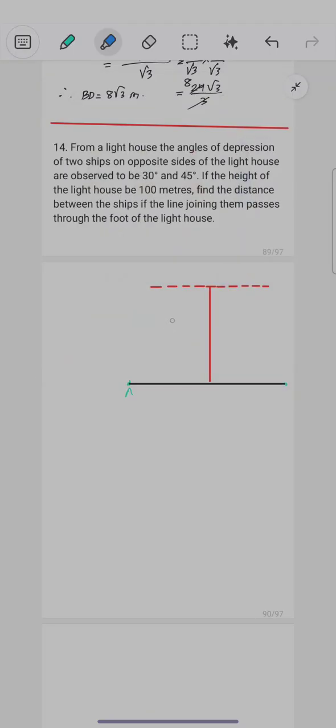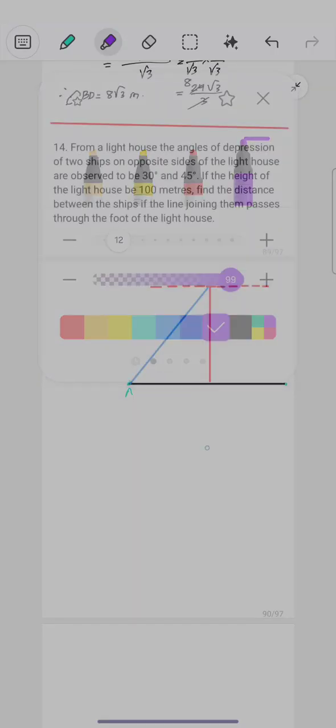Now the angle of depression of the first ship is how many? 30 degrees, and then the angle of depression of the other ship is 45 degrees.